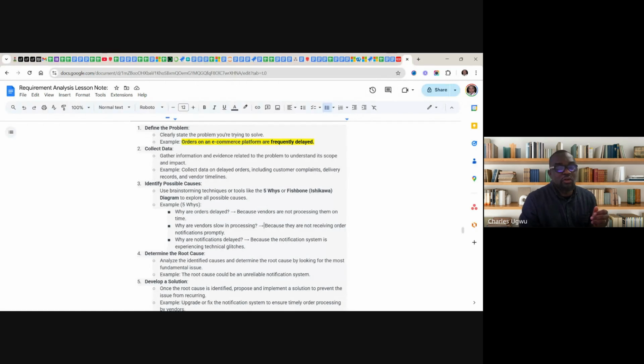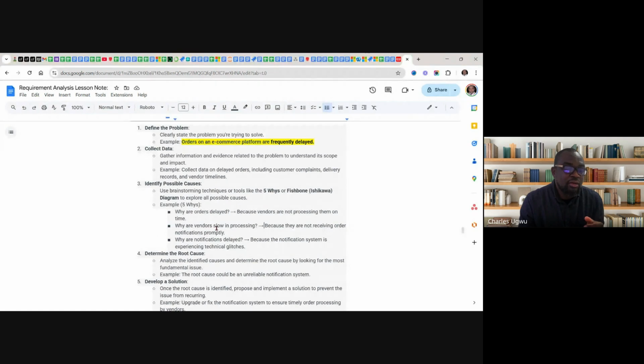If you want to solve this problem at the surface, you ask why are orders delayed, and you say because vendors are not processing them on time. You rush, because you are the manager, to the vendors. You are not solving any problem. You have to calm down and let's get down to the roots.